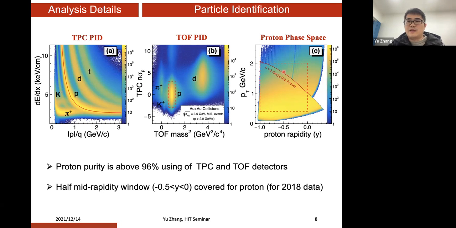It is due to the TOF PID. We apply the TOF PID for momentum larger than 2 GeV. The momentum is in the lab frame. From the current 2018 data, only half a unit of rapidity is covered.